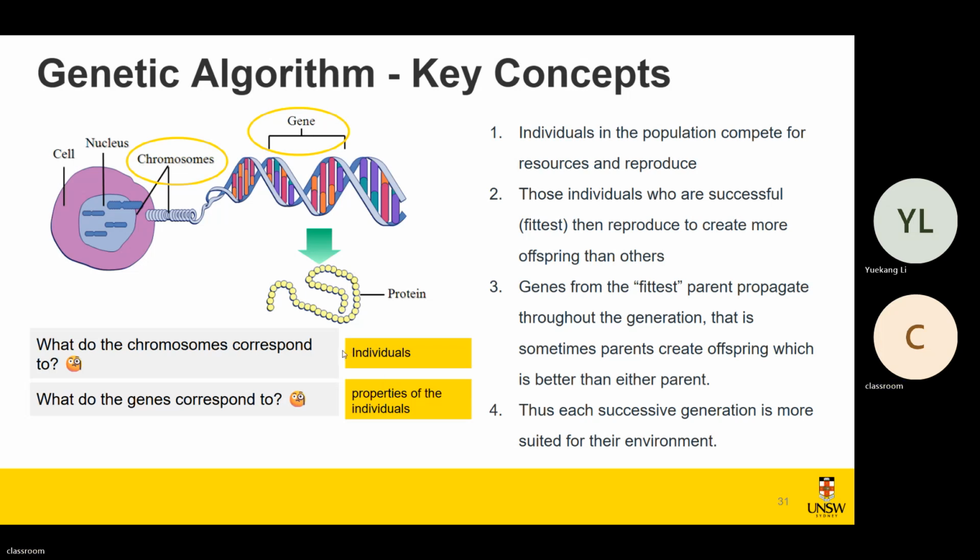And what is the population? In terms of testing, the population is the set of chromosomes or the set of individuals, or the test suite if we want to evolve the test cases.